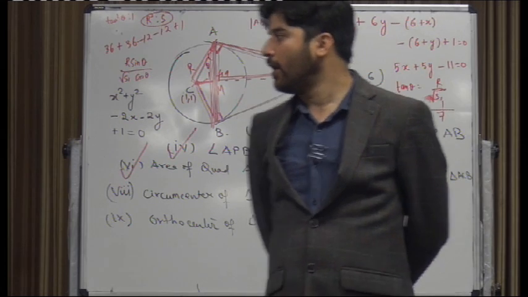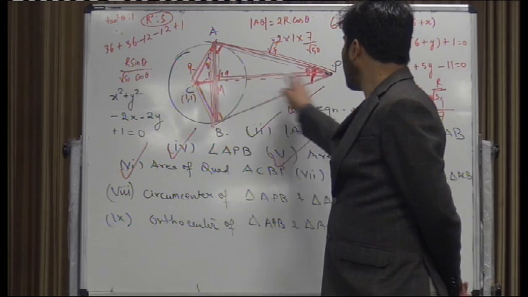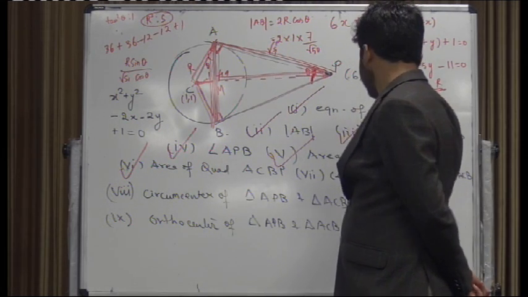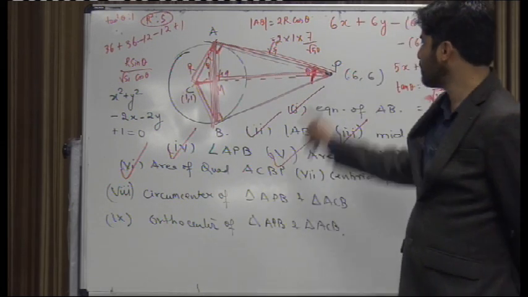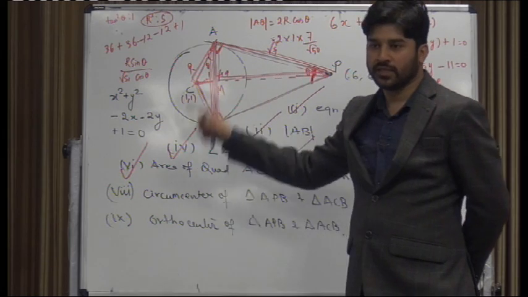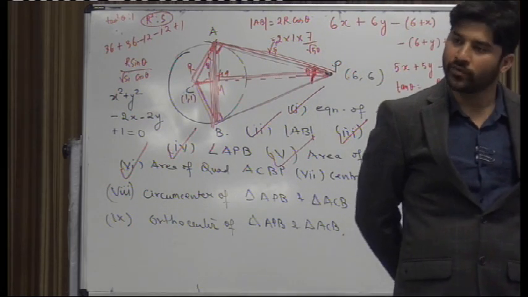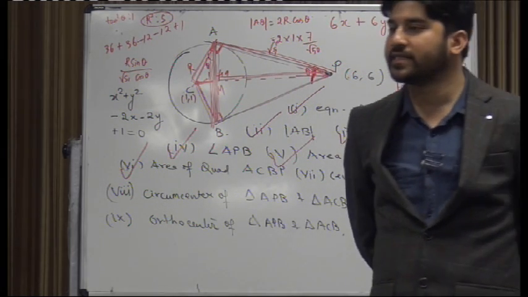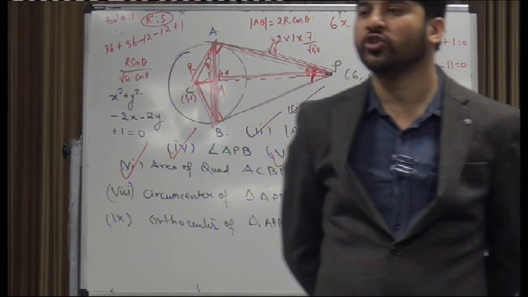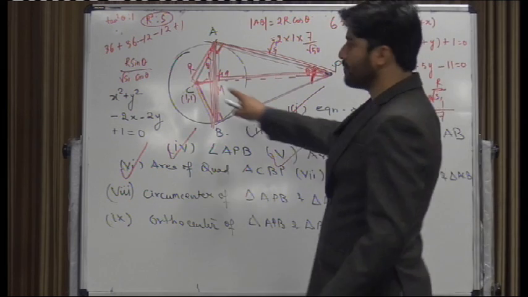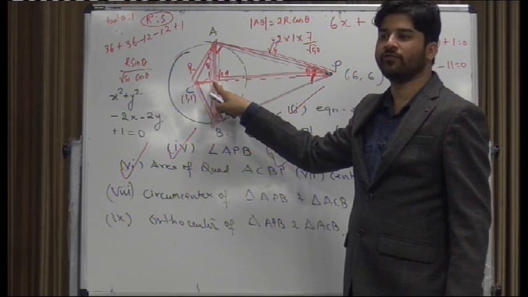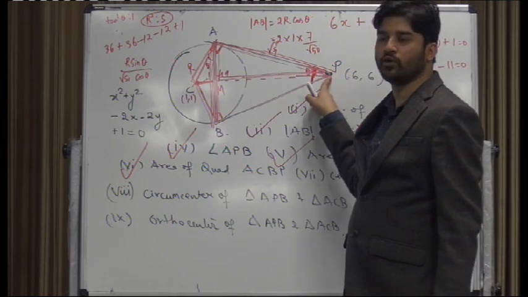Okay. Now, how to find the centroid of this triangle APB? Is PM my median? Of course it is. And the centroid divides my median in the ratio 2:1. Do I know my M? We have already found it out. Do I know my P?